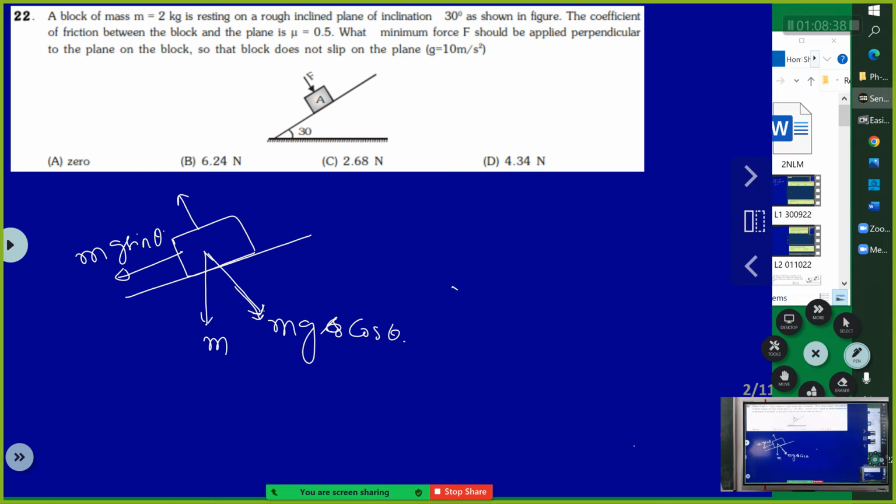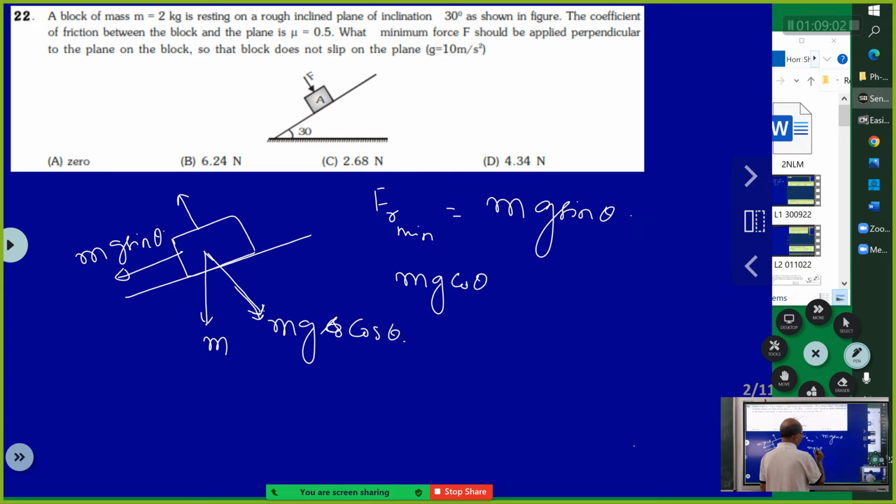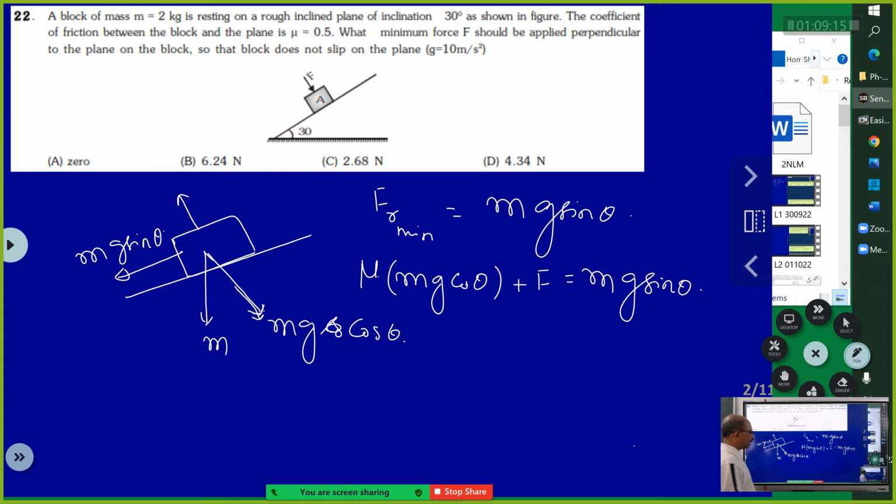So you directly give the math model. The minimum frictional force that you need here must be equal to mg sin theta. But with this arrangement, what is the frictional force that you are going to get here? It will be mg cos theta into mu, plus some additional force, must be equal to mg sin theta. Is this precisely what you said?